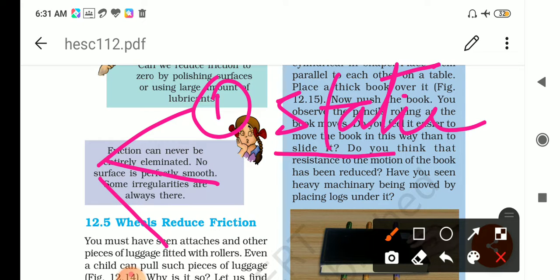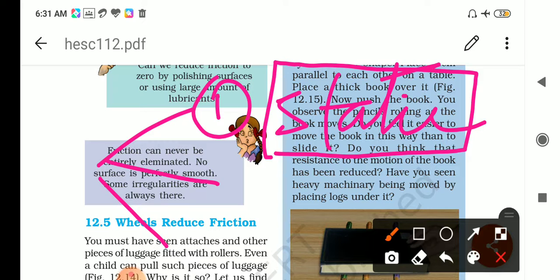When an object is stationary, the value of friction is the highest, because at this time the interlocking between the surfaces is too much. So to overcome this interlocking we have to apply more force; static friction has the highest value.